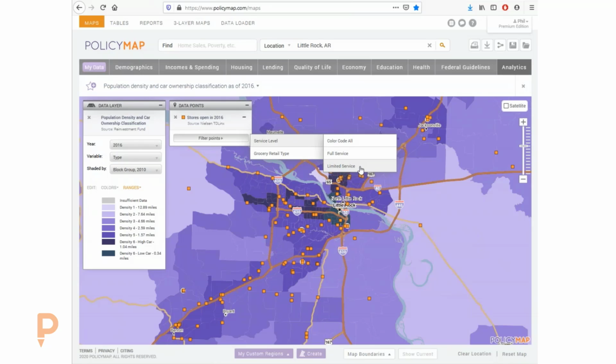Limited service really are those stores that have a lower threshold of dollar amounts. And so that usually resembles a corner store versus an actual grocery store. You can actually see the different margins based on that. So we distinguish the two as full service, which will have fresh foods generally, and then limited service. And you can actually see those individually as well as grocery retail type.